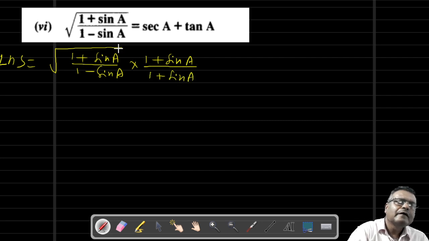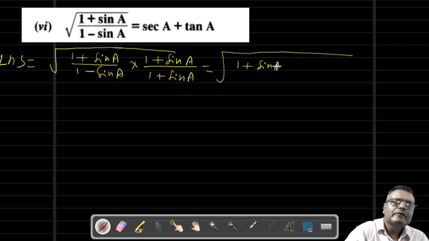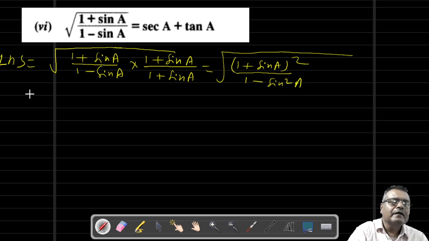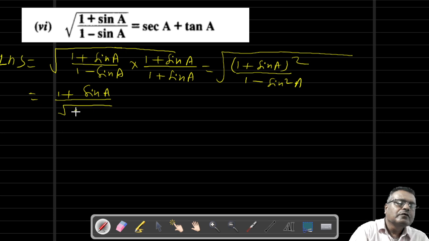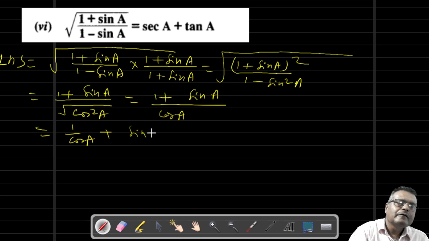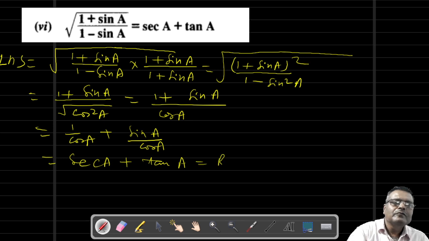Then you will have square root of 1 plus sin A whole square divided by 1 minus sin square A. 1 minus sin square A is cos square A. Square root of 1 plus sin A whole square is 1 plus sin A, divided by the square root of cos square A. So you are getting 1 plus sin A divided by cos A. 1 by cos A plus sin A by cos A. You can write 1 by cos A is sec A plus tan A. This is equal to RHS.